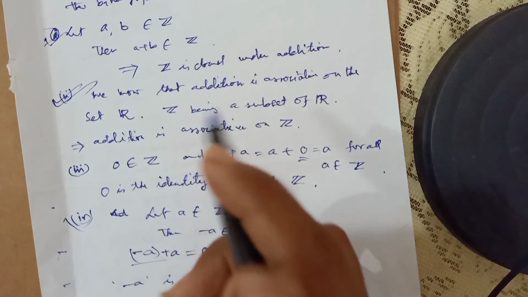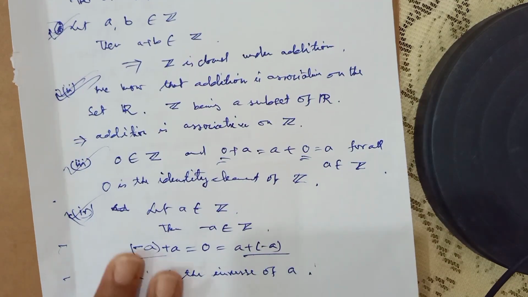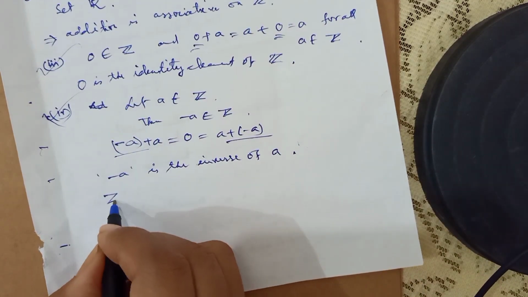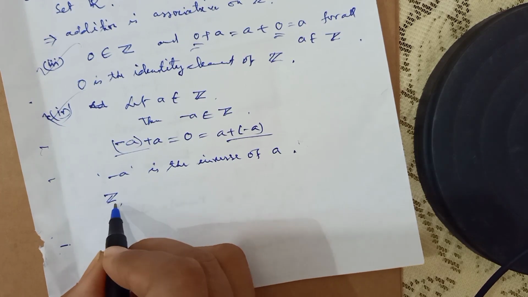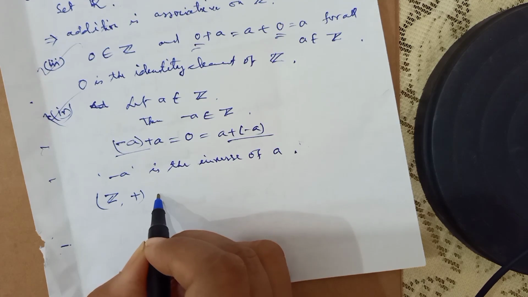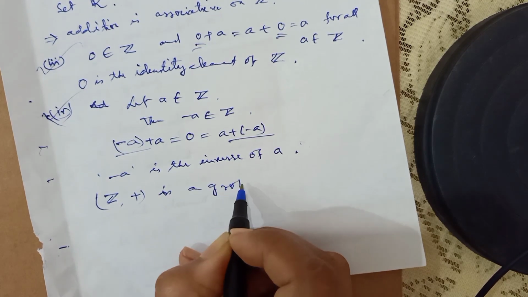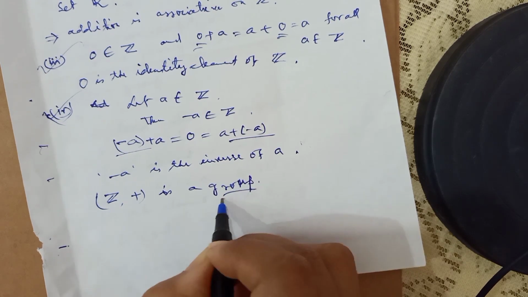So from these four properties we can say that Z, the set of all integers with respect to addition, creates a group. Okay.